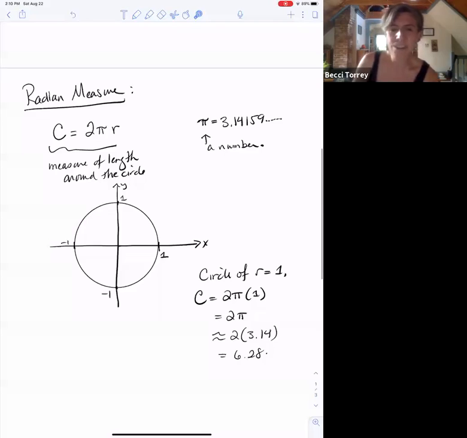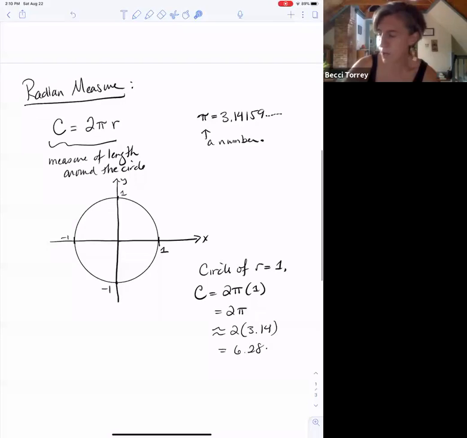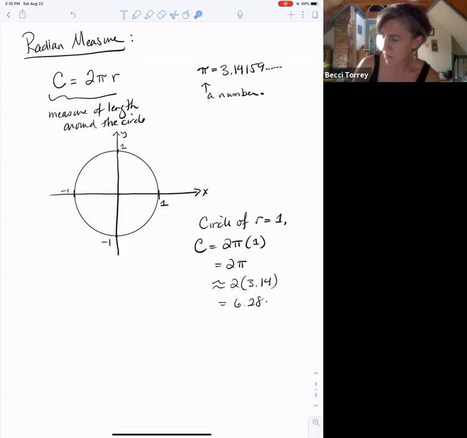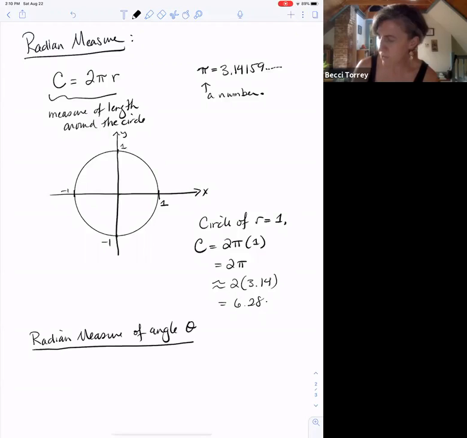And so the radian measure is a measure of the angles that's related to the distance that you're walking around the circle. And so the radian measure of an angle theta, we often use these Greek letters. Theta is our favorite one for angles.